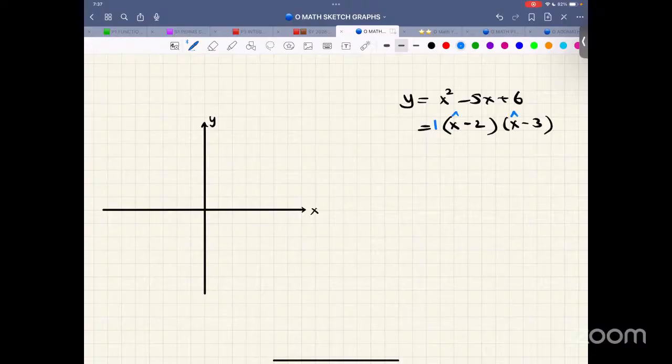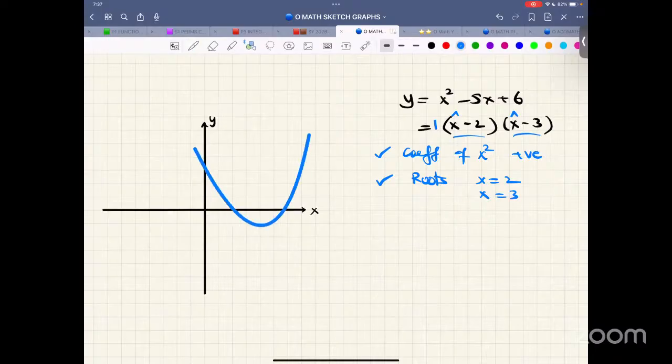That is positive, positive. So the coefficient of x squared is positive. The roots: x minus 2 equals 0, x is 2; x minus 3 equals 0, x is 3. Let me draw the small thing like this. The thickness doesn't matter, this is just a sketch. This is 2, this is 3. The shape is all good.